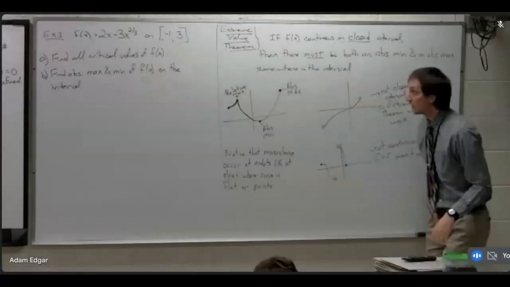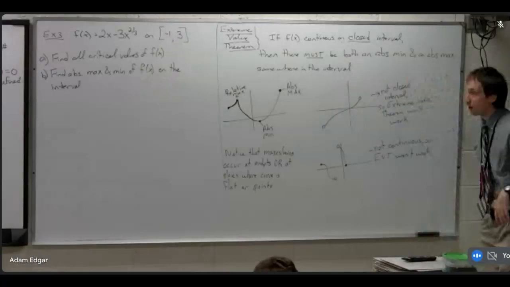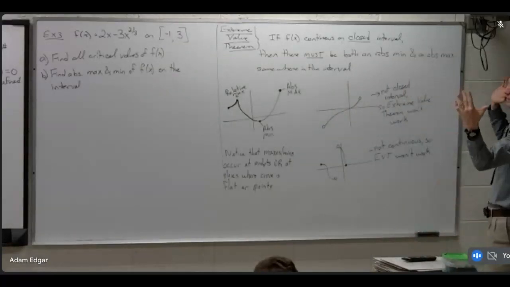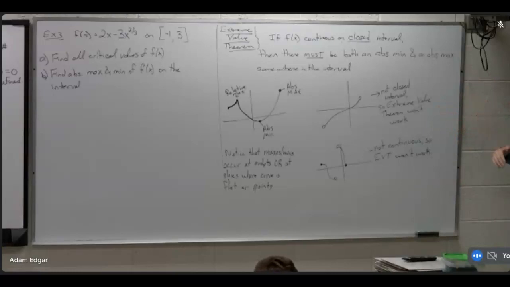All right, so switch over to here before we get into the remaining examples. We have a few theorems throughout calculus that we have to know and be able to use. One of them from limits was the intermediate value theorem.